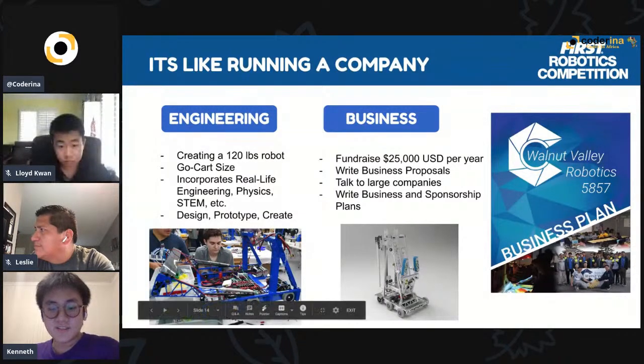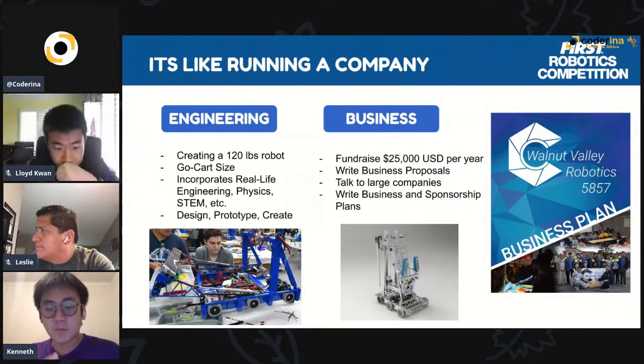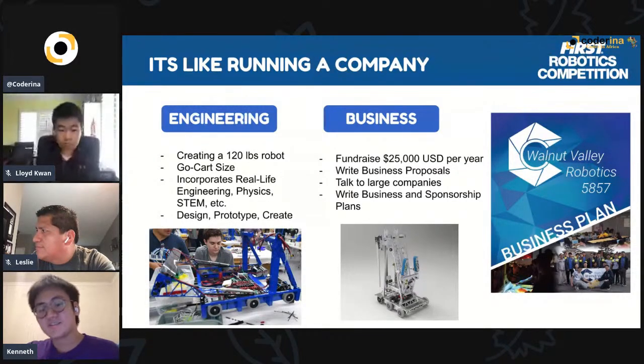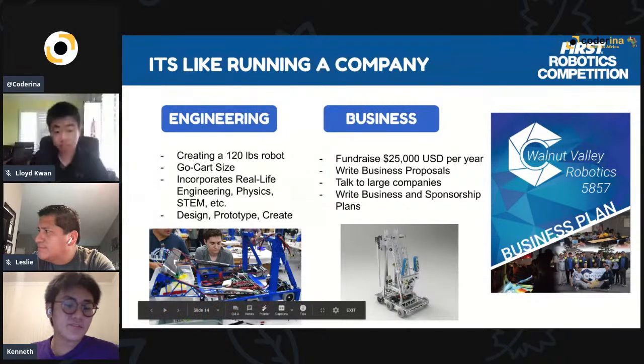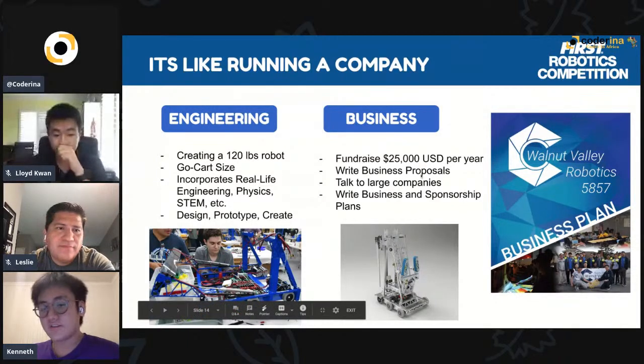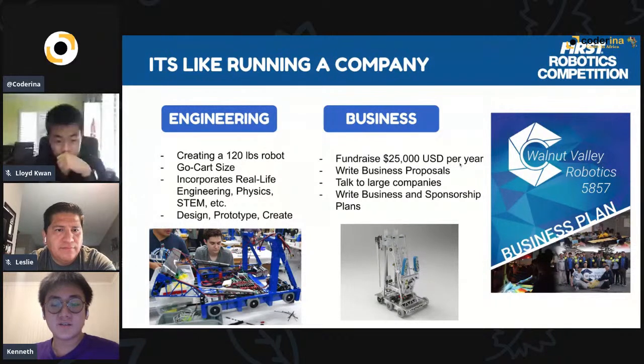On the business side, FRC is like running a big company. To build your robot, you need the money, right? So the business team has to fundraise. Every year, FRC costs about 25,000 US dollars, which is really expensive. The engineering side needs the money to run the company.